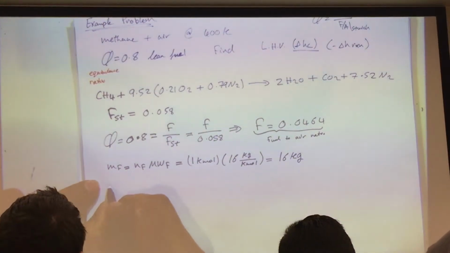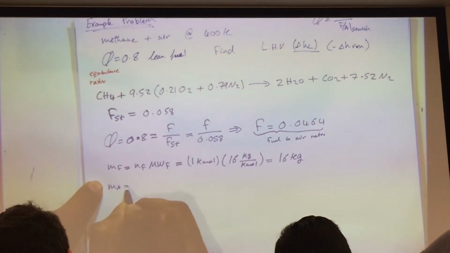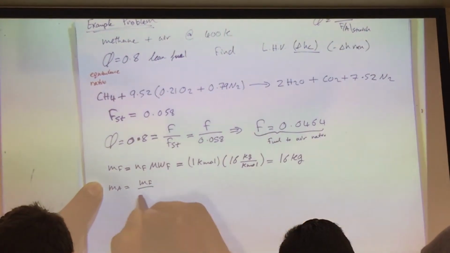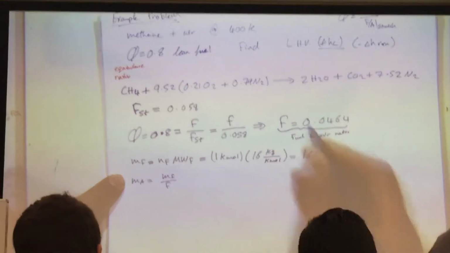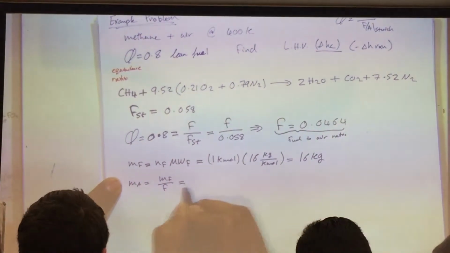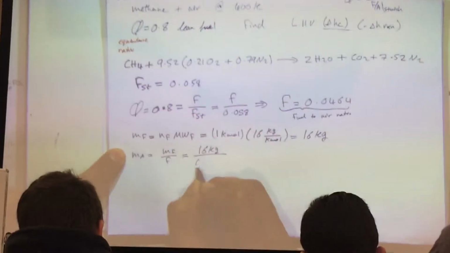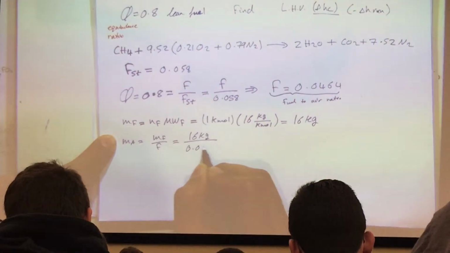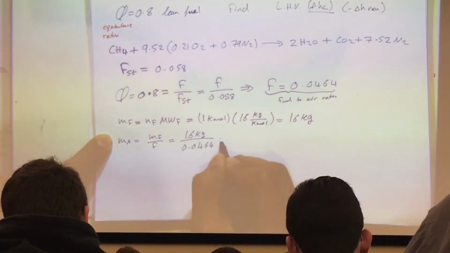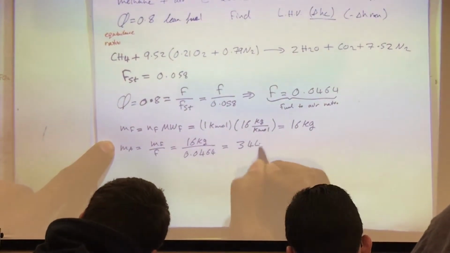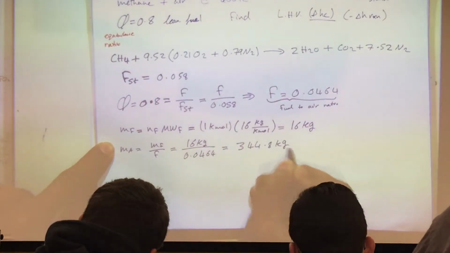Now the mass of air is going to equal the mass of fuel divided by F. I already have that. That's going to equal 16 kilograms divided by 0.0464, which will give me 344.8 kilograms of air.